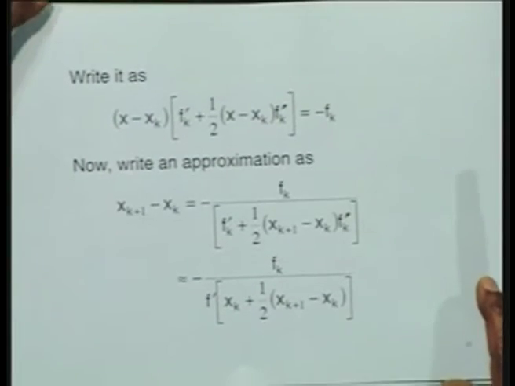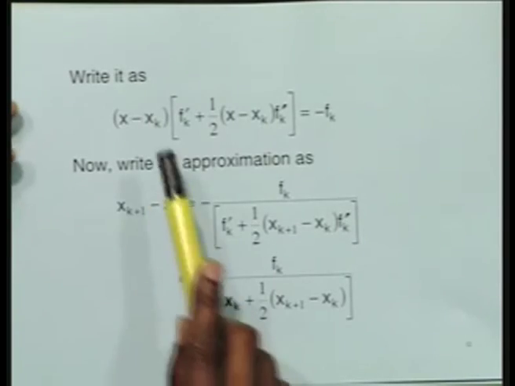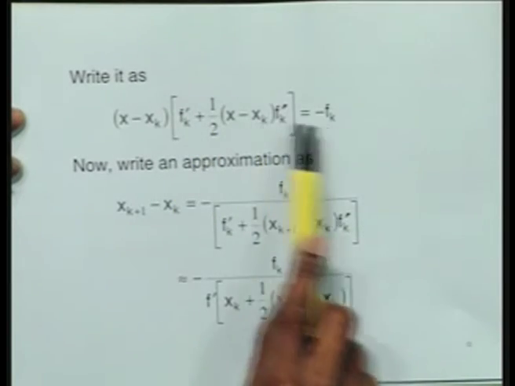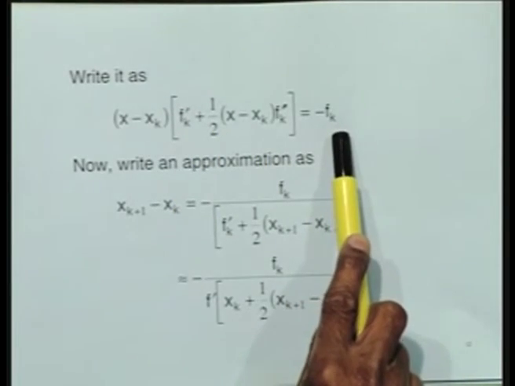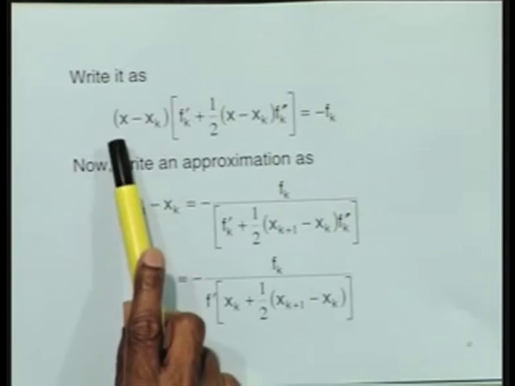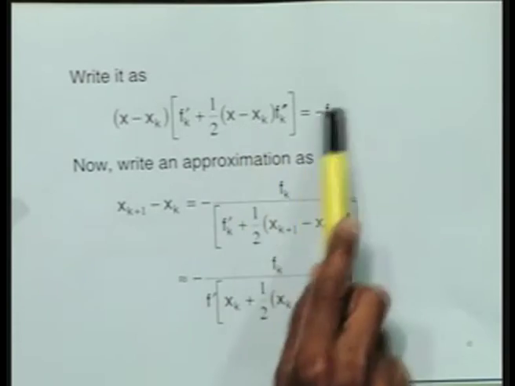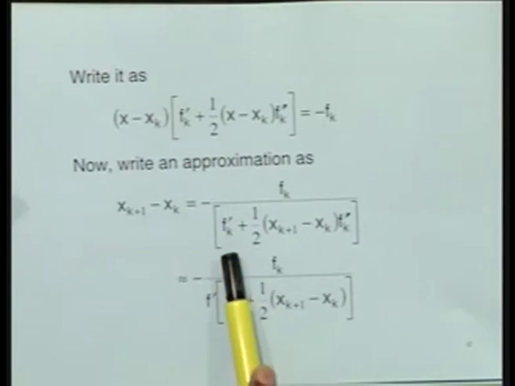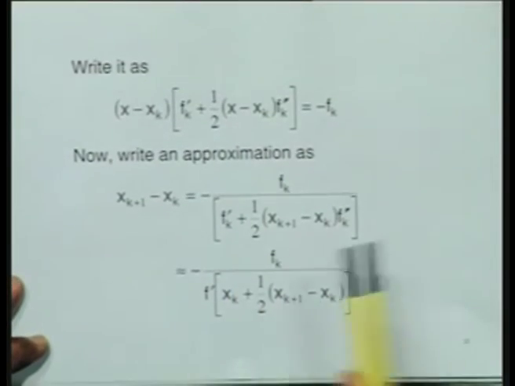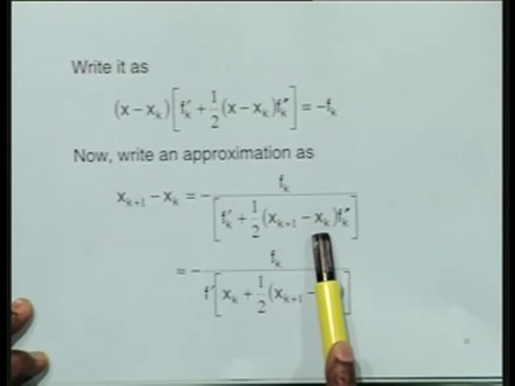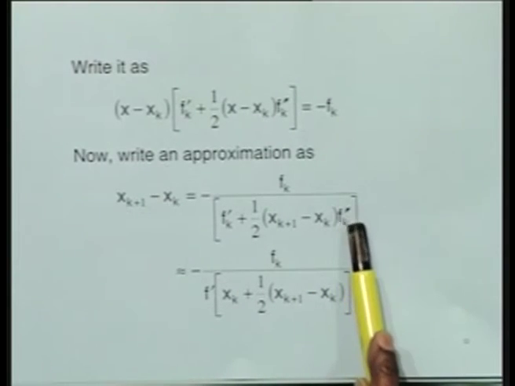Then I would write the next approximation. I will take this factor to the denominator and write xk plus 1 equals xk minus fk divided by this entire factor, f prime k plus half of (xk plus 1 minus xk) f double dash k.